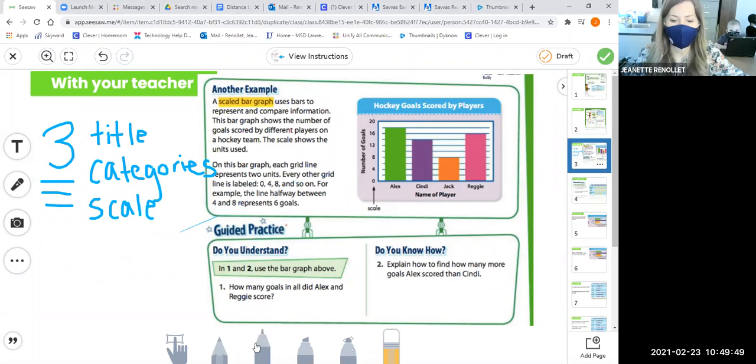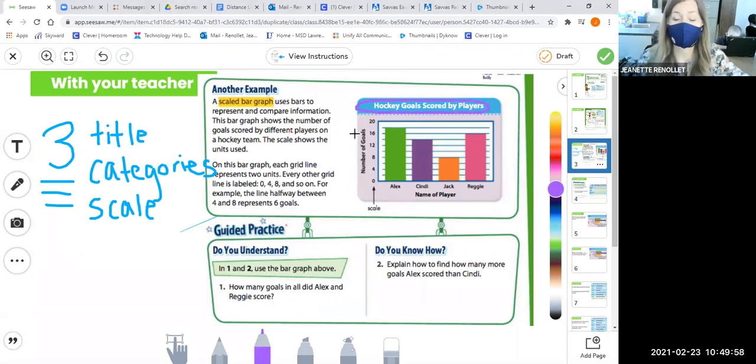First, we have the title. Hockey goals scored by players. All of the data in this graph is going to be about hockey goals scored by players. Next is categories.